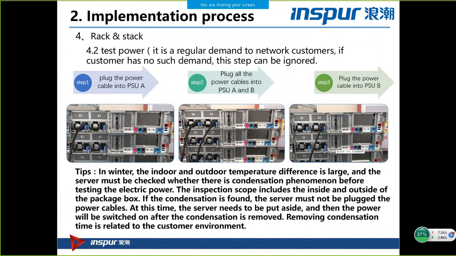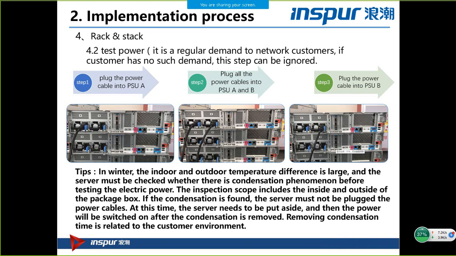And after installing the parts, you need to do the power test. It's a regular demand from network customers. If the customer has no such demand, this step can be ignored. So you can talk with the customer on-site tech to make sure whether this step should be done or not. So here are the steps for how to test the power.